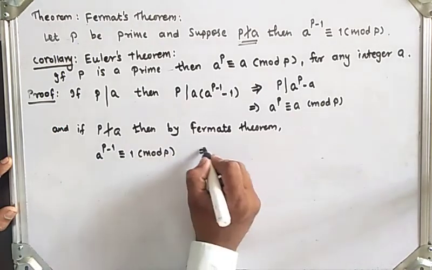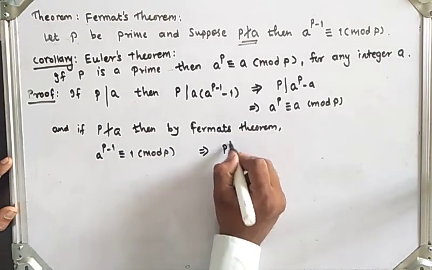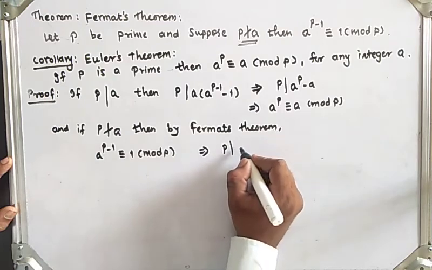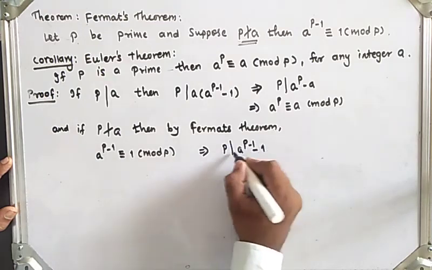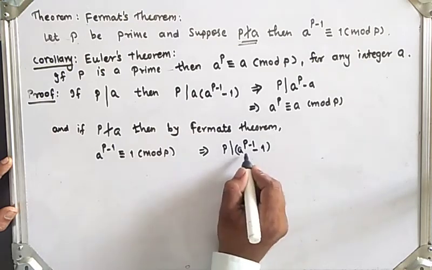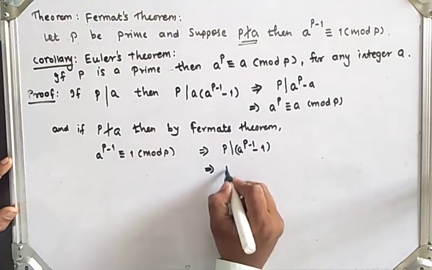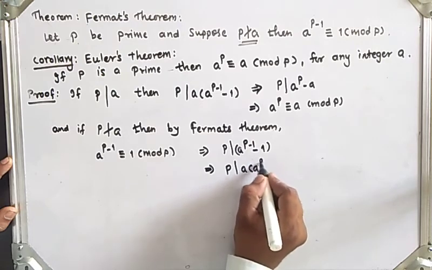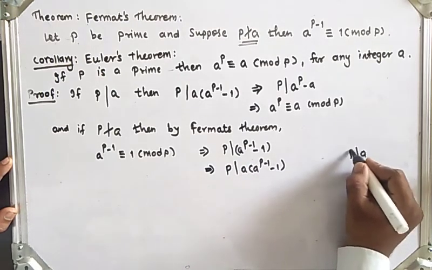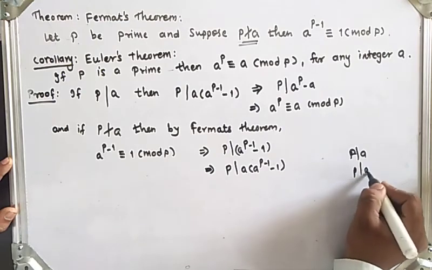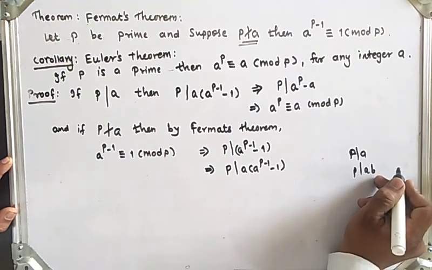Then by the definition of congruence, p divides a raised to p minus 1 minus 1, right? So if p divides this, then p must divide a into a raised to p minus 1 minus 1, because if p divides a, then p must divide a into b for b belonging to the set of integers, right?